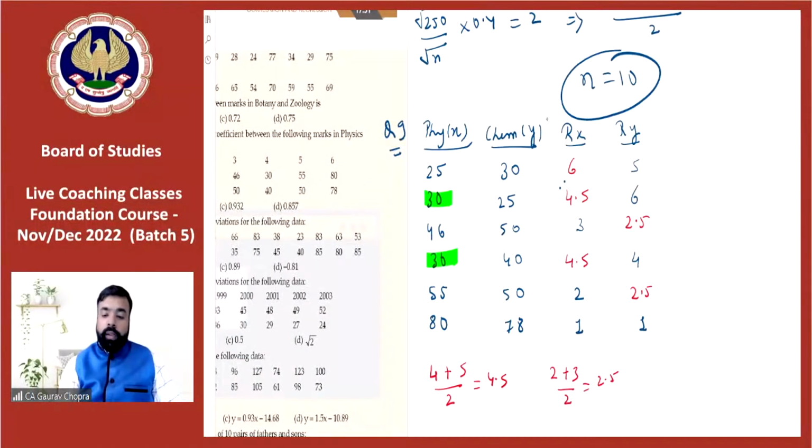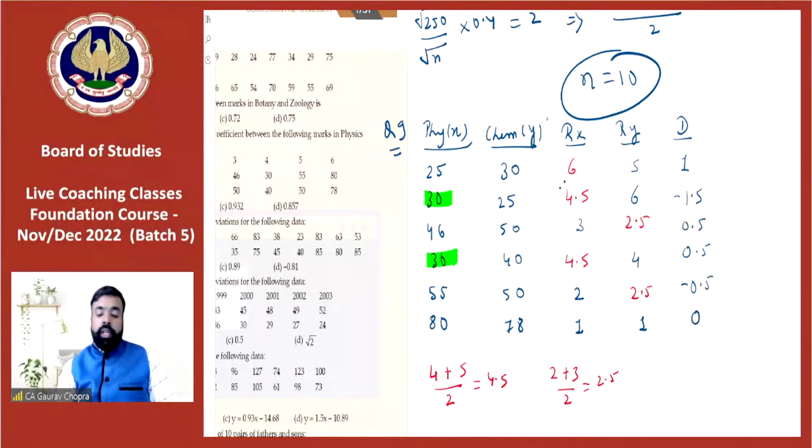Now we can find difference in rank. So 6 minus 5 is 1. 4.5 minus 6 is negative 1.5. Then 0.5, 0.5, minus 0.5, and then 0. And then 0. Now we can add and see the result. The total is 0.